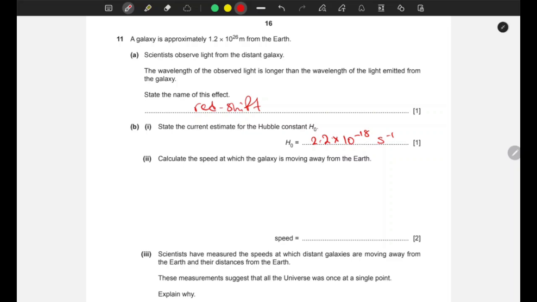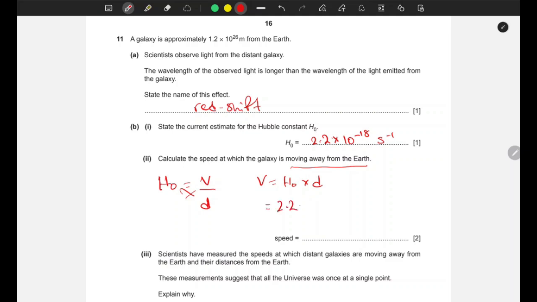So the formula for Hubble's constant, I'll get to that later. Calculate the speed at which the galaxy is moving away from the Earth. So this is when we would use the Hubble's constant. The formula for Hubble's constant is velocity over distance. So we can rearrange the formula to find the speed, which is Hubble's constant times the distance.